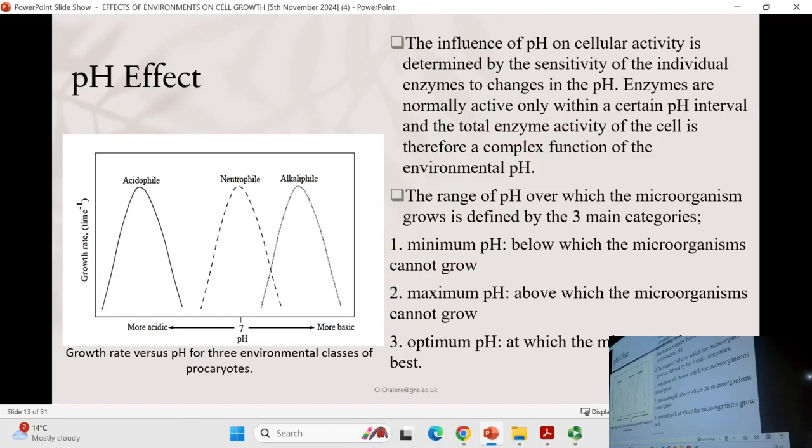Below 7, that's acid: acidophile. Basic is alkali: alkalophile. Very simple. Neutral, neutrophile. So you don't need to cram it, right? So those are the different environments, where this is the growth rate, and this is the more acidic. So that's that.